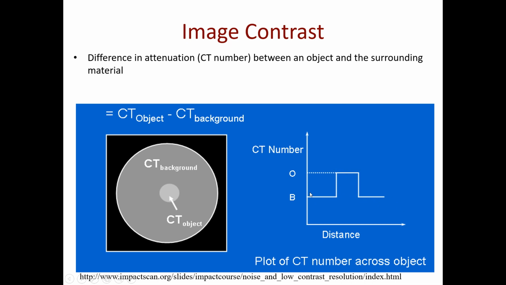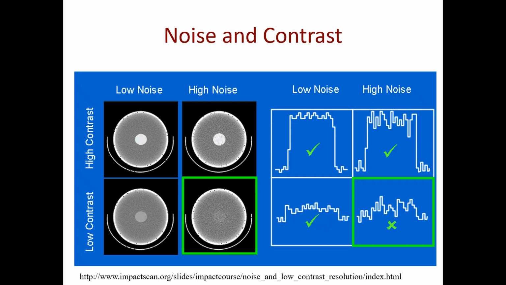So this is what I would hope to get as I draw a line through. Well, good luck with that. What we really get is something like this. So I might have a very good contrast between the two. This depends on the materials themselves. So that's basically this difference here.